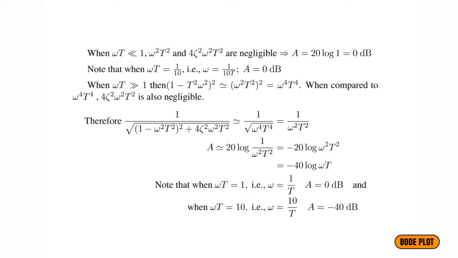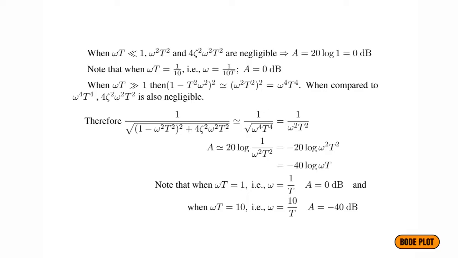When omega tau is far greater than 1, then the 1 in 1 minus omega square tau square is negligible. That's why it becomes omega square tau square, whole square, that is omega power 4 tau power 4. 4 zeta square omega square tau square is negligible when compared with omega power 4 tau power 4.